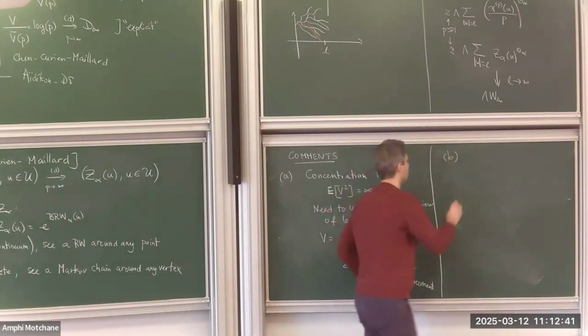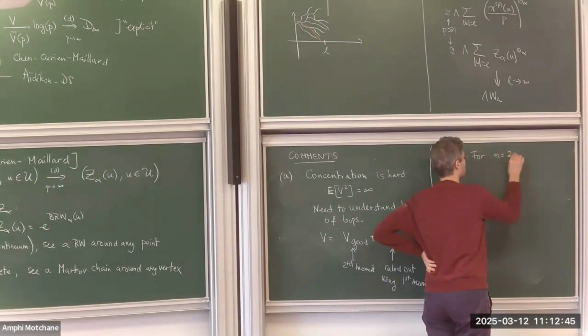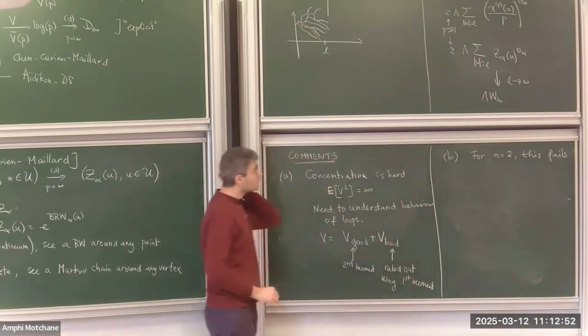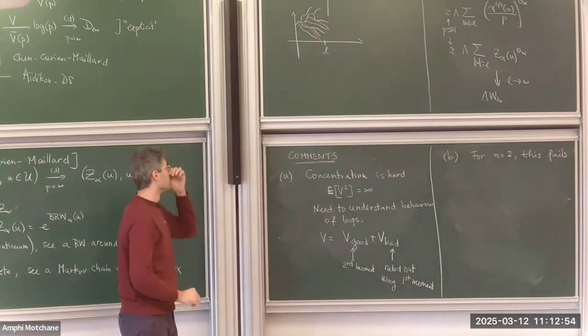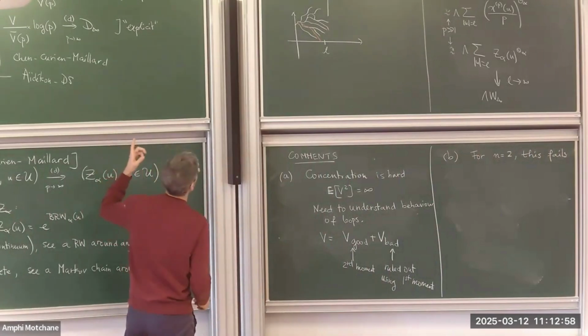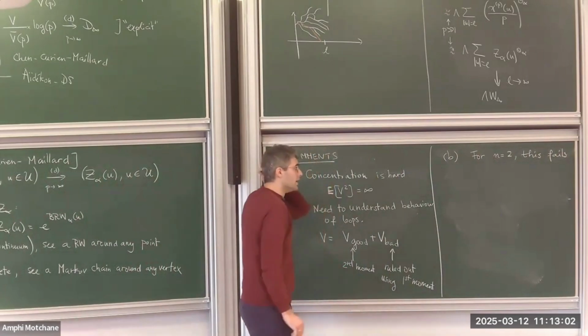The second comment is that for n equals 2, the heuristics fail, because from the result I stated, you expect an extra logarithmic factor, so this thing should go to 0.